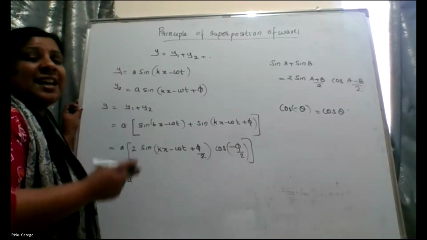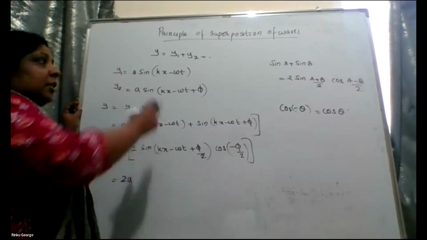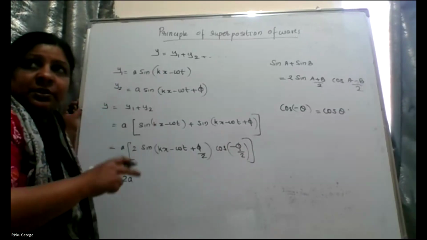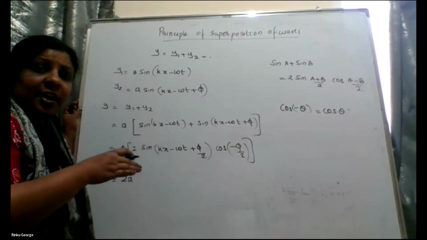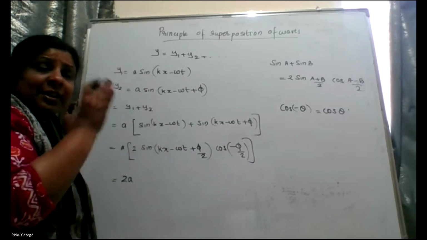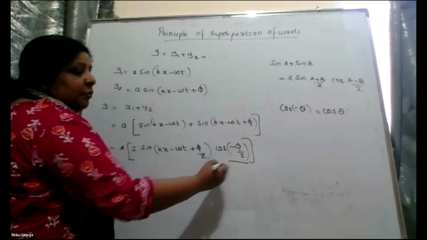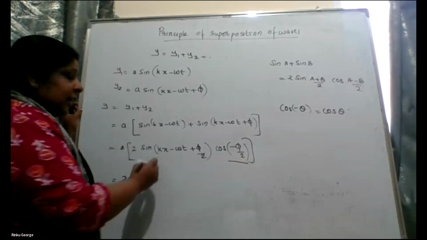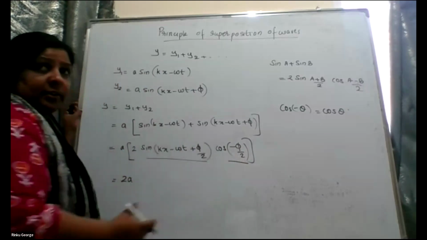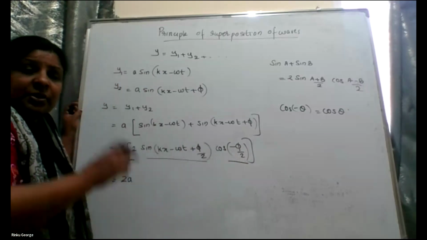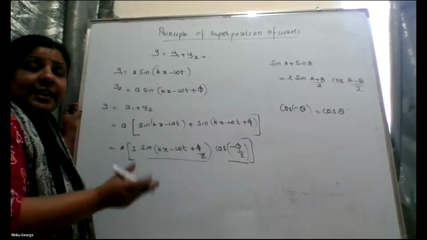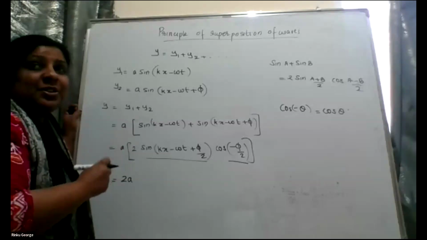In the question, the two waves were sine functions, so you'll write the answer in terms of a sine function. Everything other than sine you will put first, that means this cos you will put first, and the sine you will write at the end, because it is a sine function. Anything other than sine will be the amplitude part.